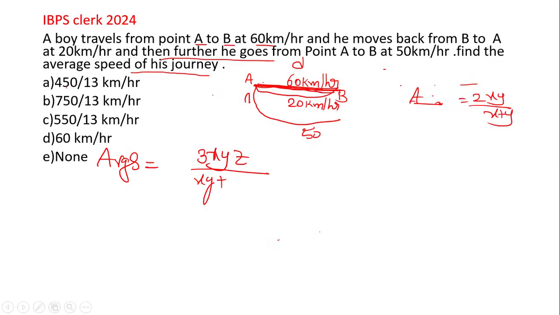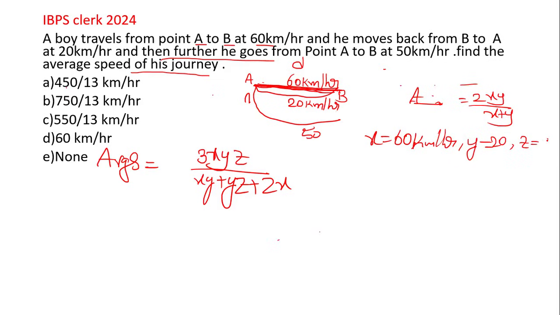You may remember the same formula from three persons working together in time and work. So what is x? X is 60, the first one, 60 kilometer per hour. Y is equal to 20 and z equals 50.